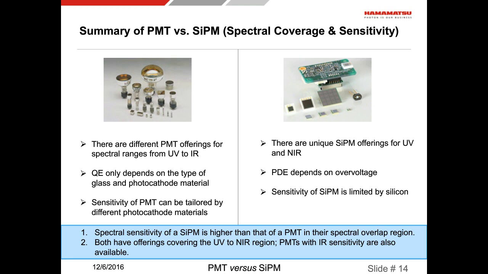QE only depends on the type of glass and photocathode material. And as I already said, sensitivity of a PMT can be tailored by different photocathode materials. This is not so for SiPM yet. However, for SiPM, we see that photon detection efficiency is a function of overvoltage. And as I already mentioned, it's limited to silicon.